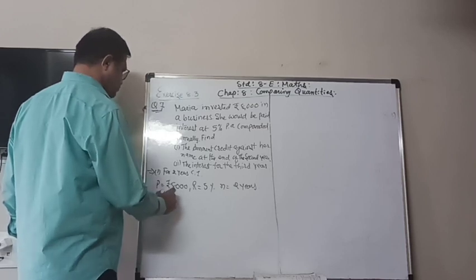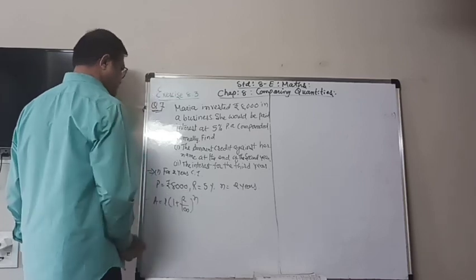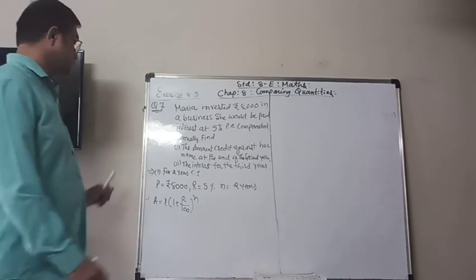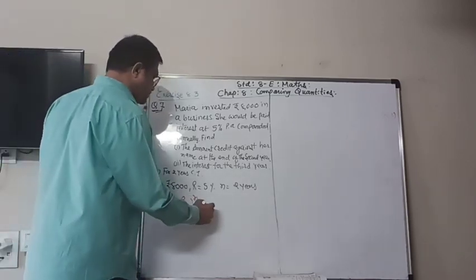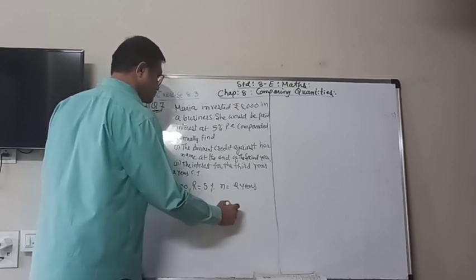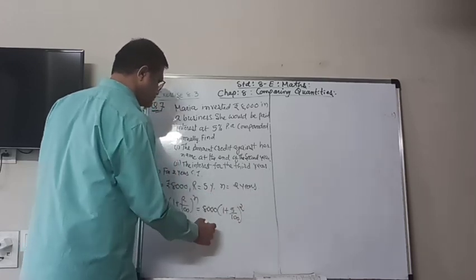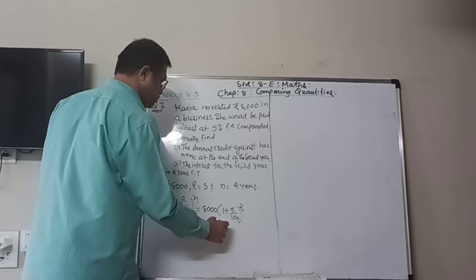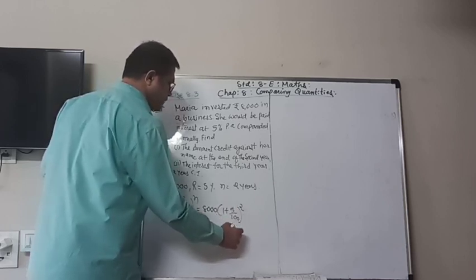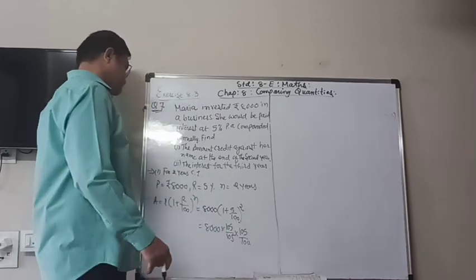Therefore, amount A is equal to P into bracket 1 plus R upon 100 power N. That is equal to 8,000 into 1 plus 5 upon 100 power 2. So that is 8,000 into 105 upon 100 multiplied by 105 upon 100.